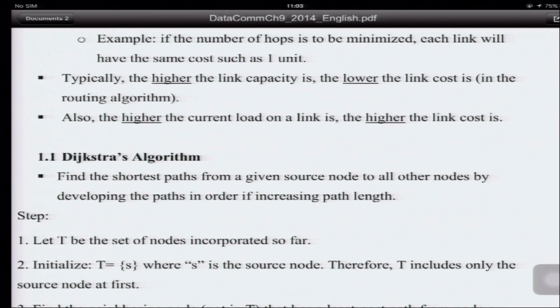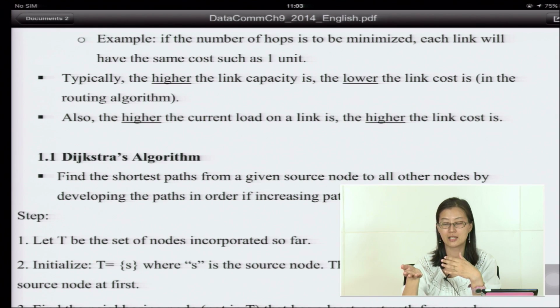However, if you have a lot of load on a certain link, you can assign the link cost to be high. For example, if you go on the street and there is an accident or congestion at this junction, for example, a very congested intersection, then you can put the link cost very high there, because you want people to avoid going into that street.